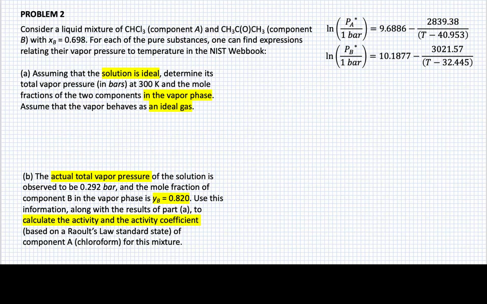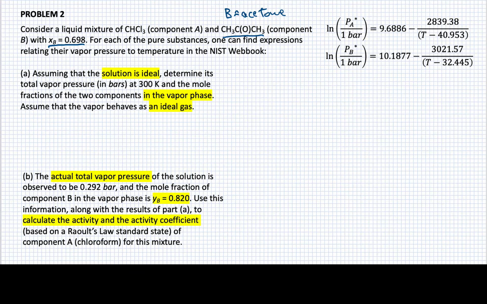All right, in problem 2, we're going to have a liquid mixture of chloroform and acetone that have a particular mole fraction of the acetone. Okay, acetone is B, so B equals acetone.